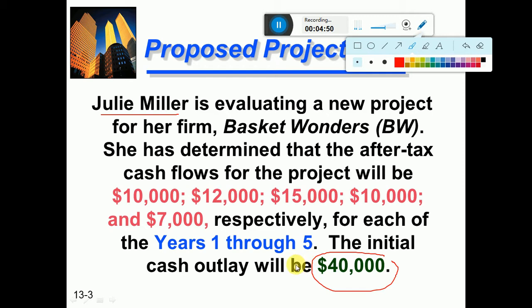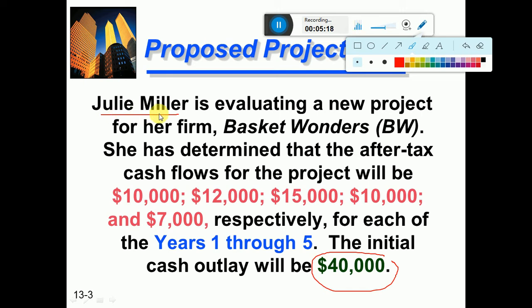Now, what Julie Miller needs here is to decide whether to make an investment in this project, whether the $40,000 investment she is making will give her the return according to her expectation or not.